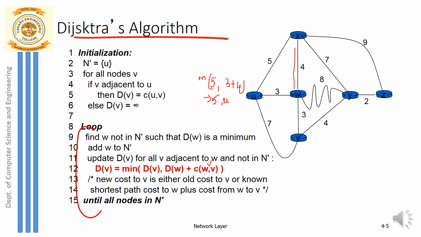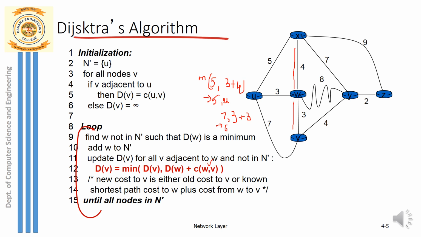The distance from u to v we had already calculated in step 0, that was 7. Compare with u to w, the distance from u to w is 3, which you need to add to the cost to reach from w to v. The cost is how much? Again 3. So 3 plus 3 is 6. So u to v was 7, and now the new distance is 6. Out of these two, the minimum distance is 6.